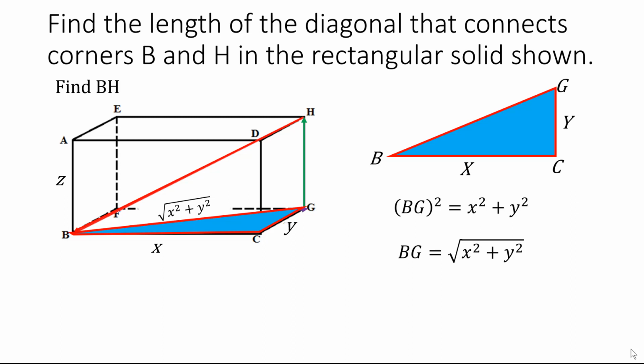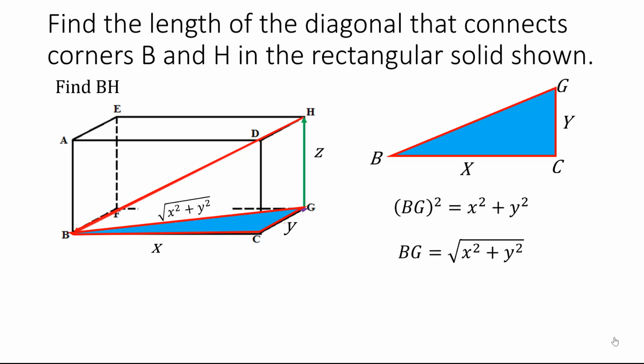And now we can look at triangle BGH to find that hypotenuse. And GH is just the same as Z, which was on the other side of the box. So now we know the two legs of that triangle, and we can find the length of BH.